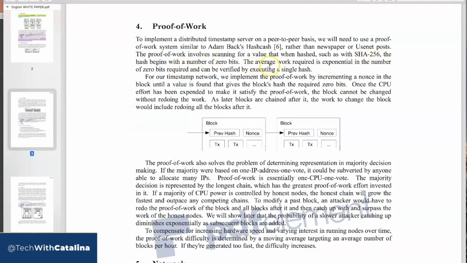"The average work required is exponential in the number of zero bits required, and it can be verified by executing a single hash. For our timestamp network, we implement the proof of work by incrementing a nonce in the block until a value is found that gives the block's hash the required number of zeros." That is exactly what we explained before, and that is what you need to understand, okay? "Once the CPU effort has been expended to make it satisfy the proof of work, the block cannot be changed without redoing the work."